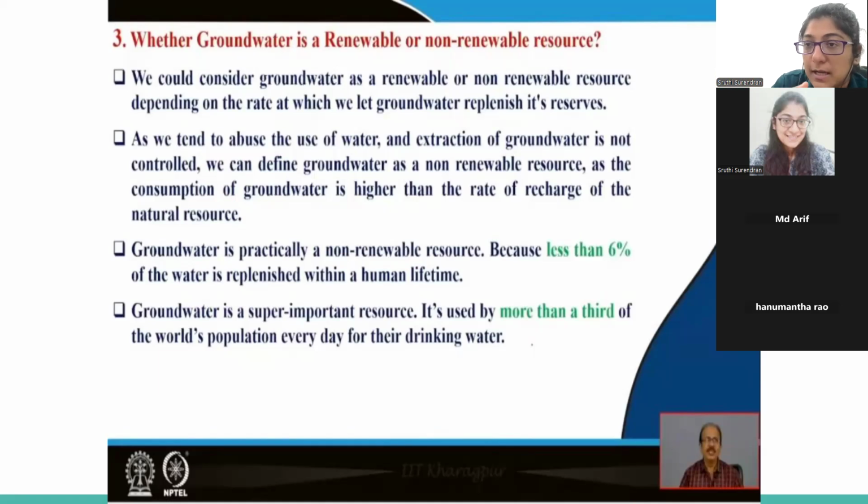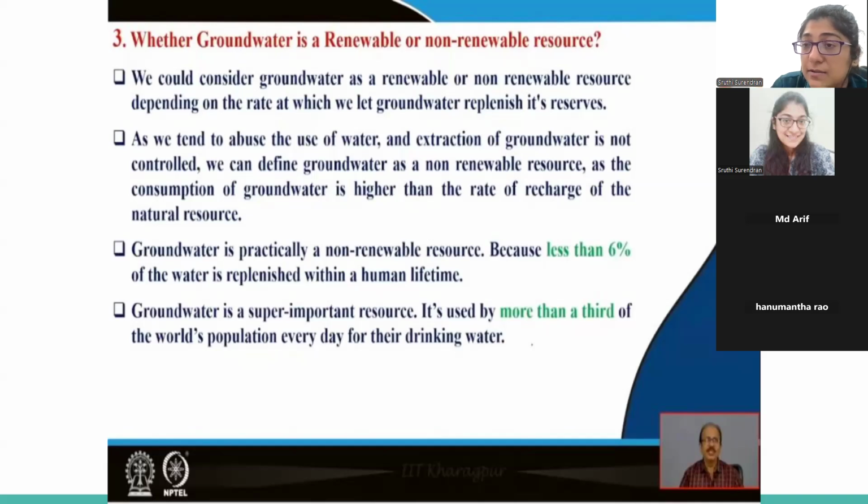This is because the rate of flow of groundwater is very slow, so replenishing the water that is utilized is at a very slow rate.